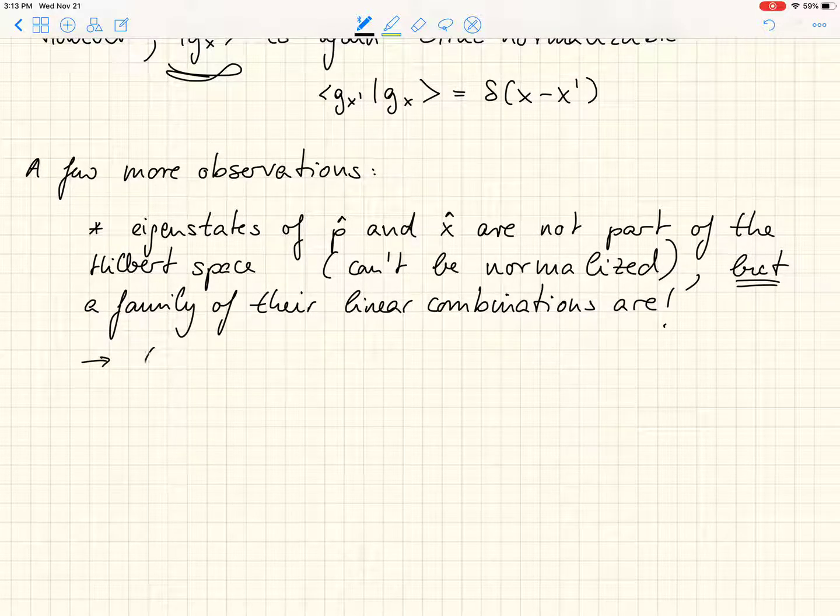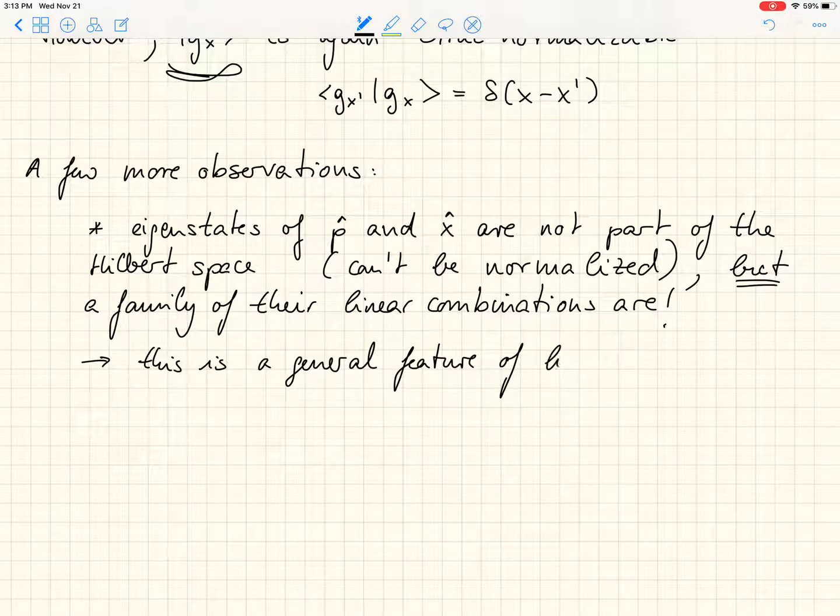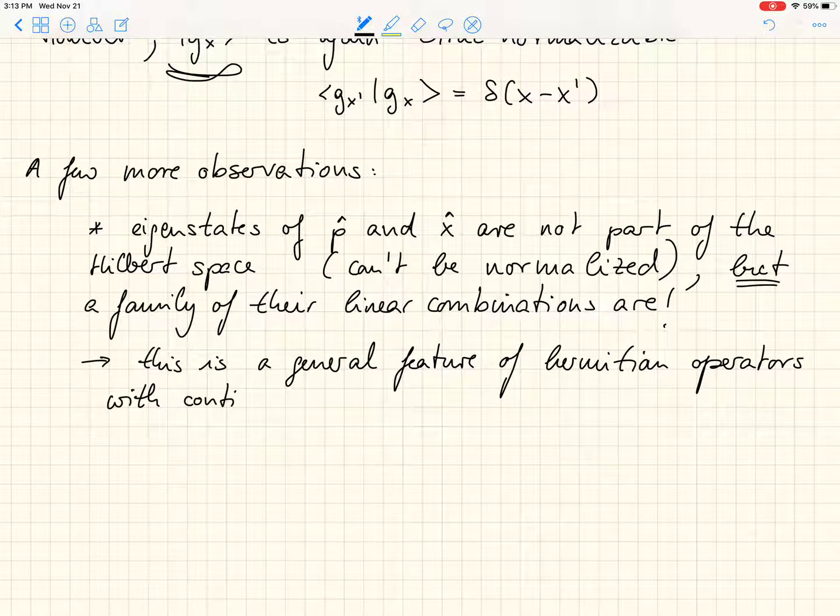And this is, by the way, and you might learn this later, a general feature of Hermitian operators with continuous eigenvalues.